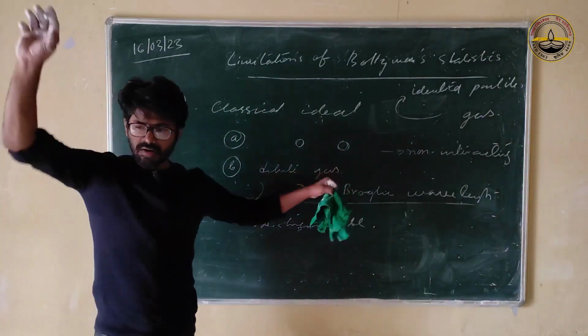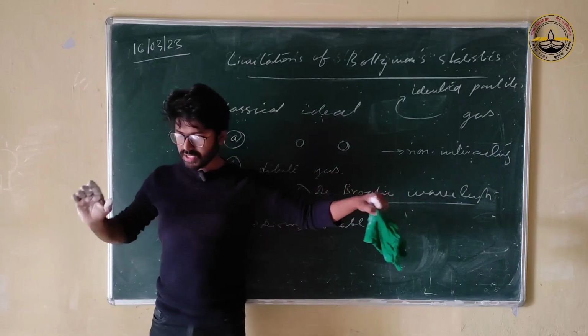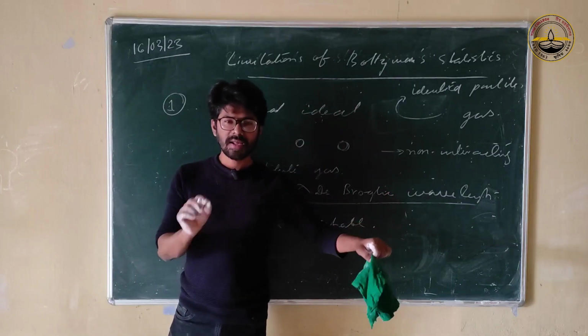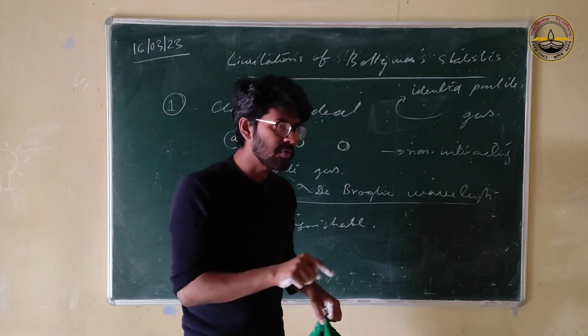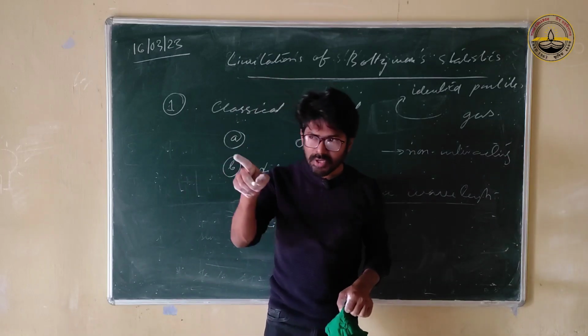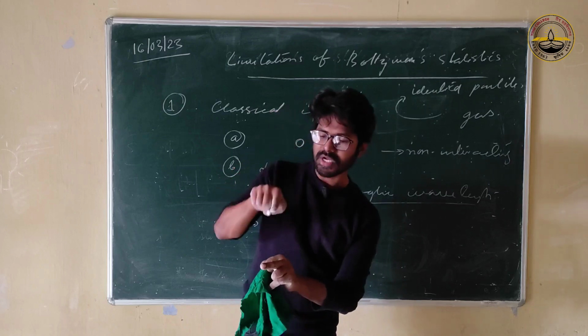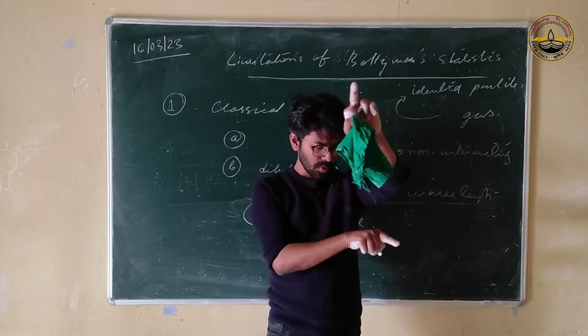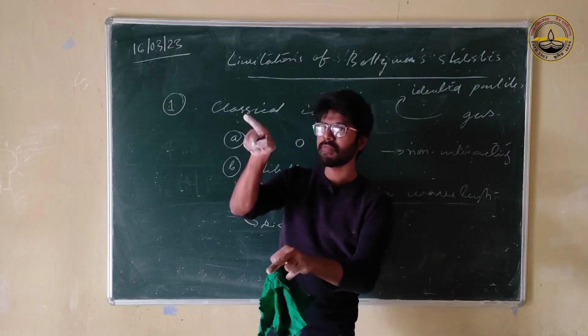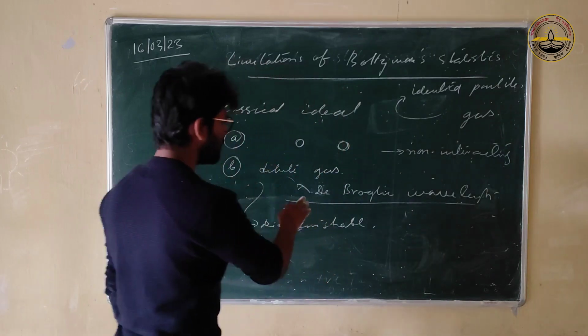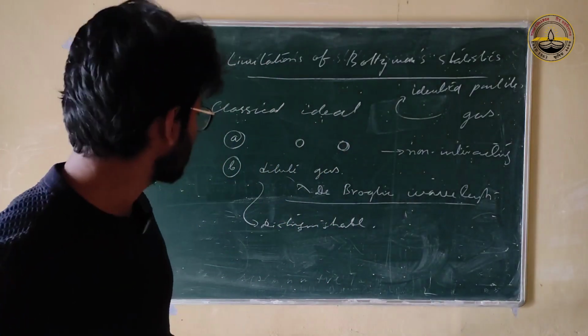They're so far apart, so dilute, that you can tag each one of them, although they're identical. I know this guy is here, this guy is going this way, that guy is moving that way. You can track them, so you can distinguish them, you can name them. And that's why you need the dilute thing here.